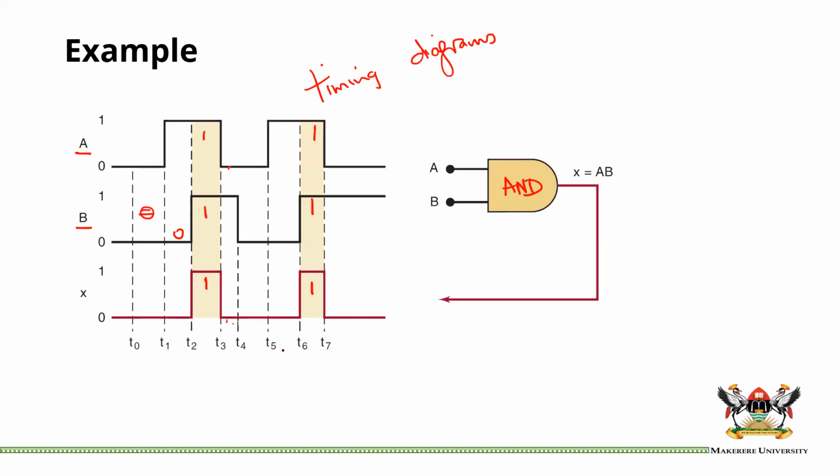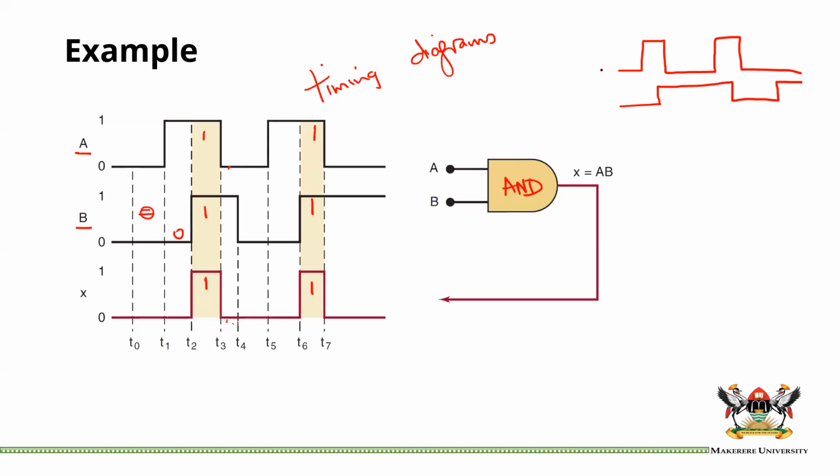So you can see that when you're dealing with timing diagrams, you're looking for those transitions for each to see where your output, let's say something like this. Something like that. So you're looking for transitions.